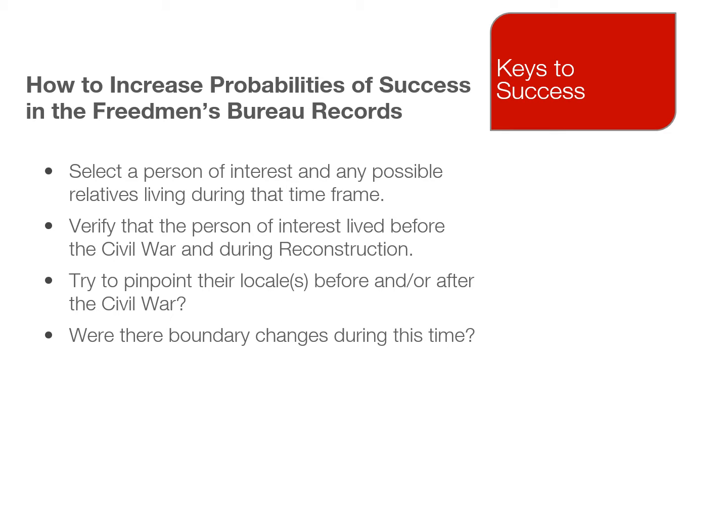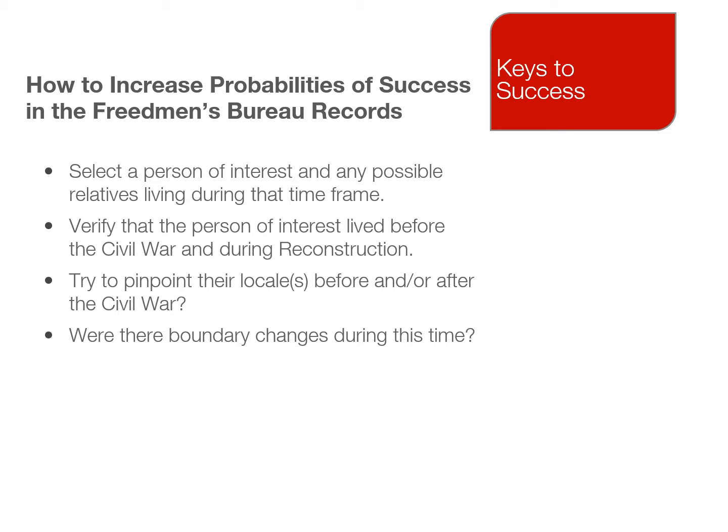Were there any boundary changes during this time? Meaning, was that particular territory identified as one place in a certain period of time and then later known by a different name because boundaries had changed? For instance, if your person of interest was enumerated on the Webster Parish, Louisiana census in 1880, you would have to know enough about Webster Parish history that the parish was founded in 1871, 9 years prior.